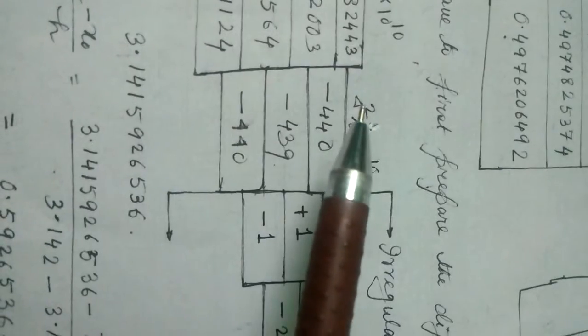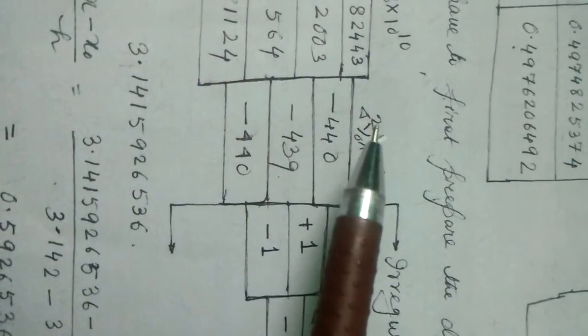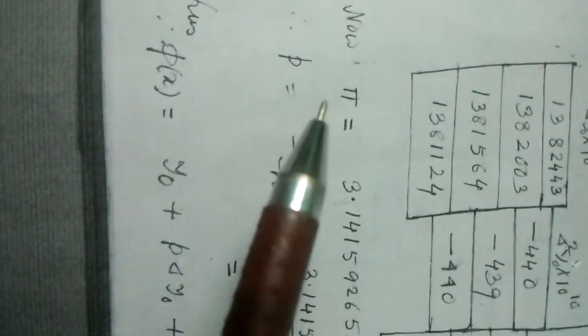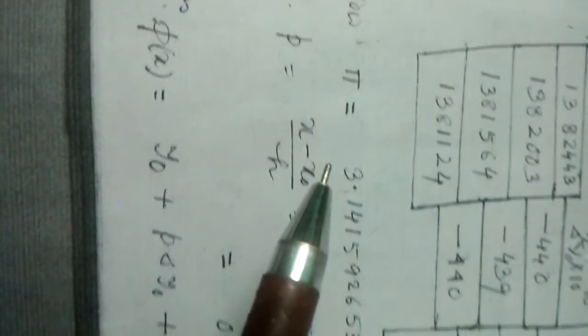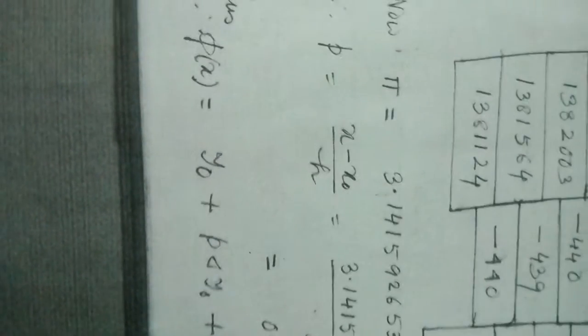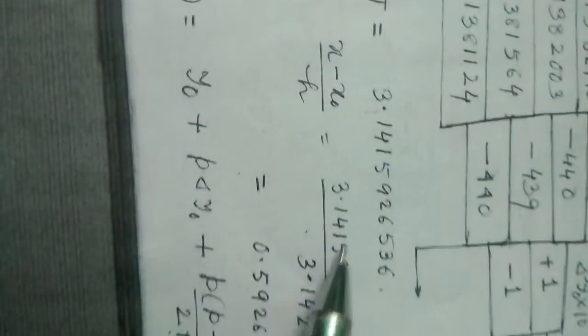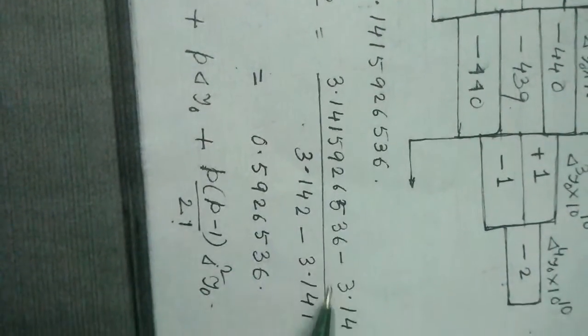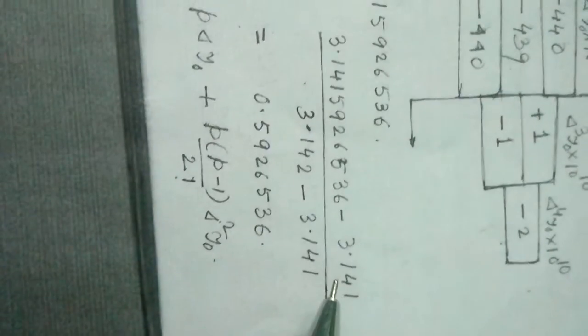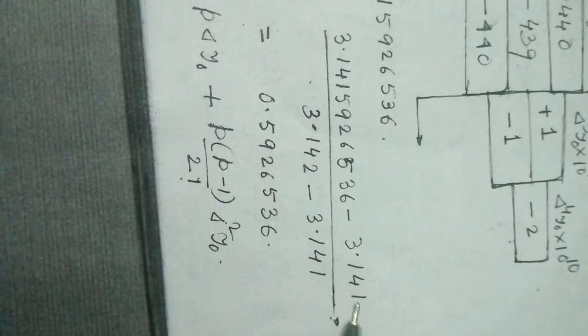The power of the equation will be 2. Now we know pi is equal to this much. So p is equal to x minus x naught by h. This x naught is given. This is x minus x naught: 3.141.